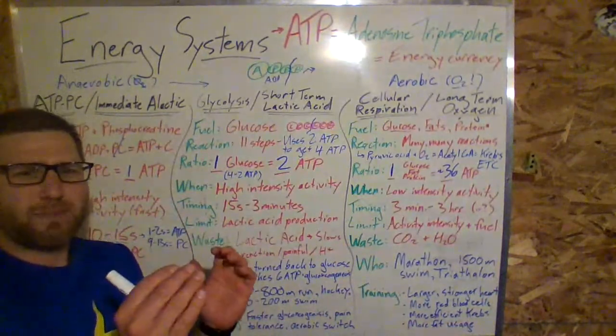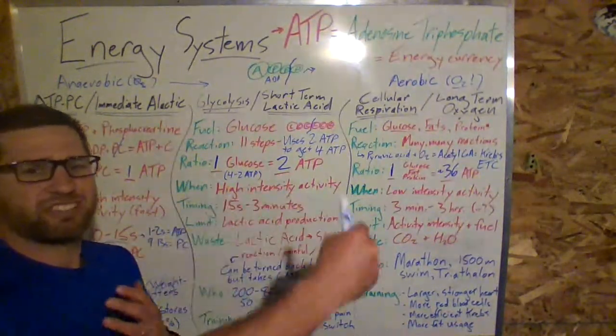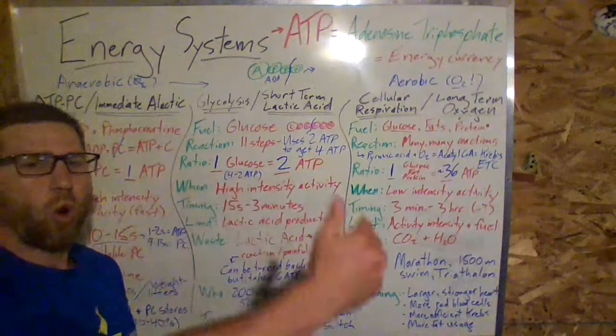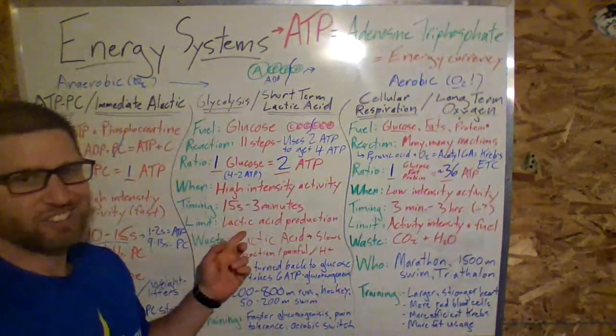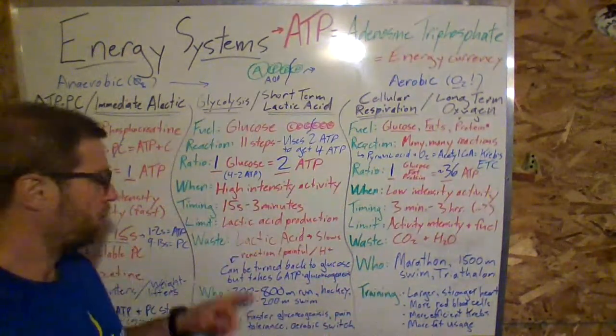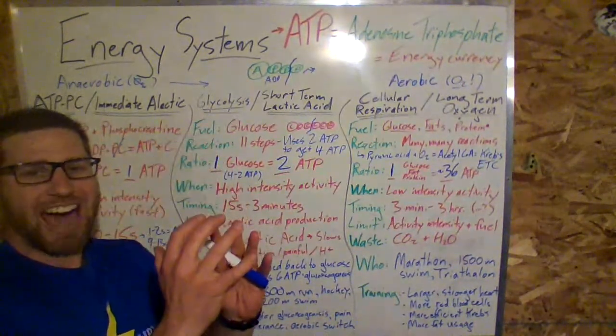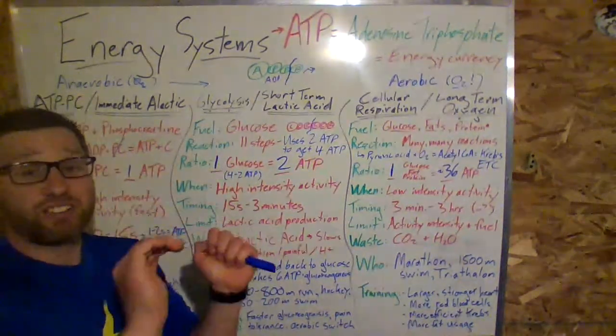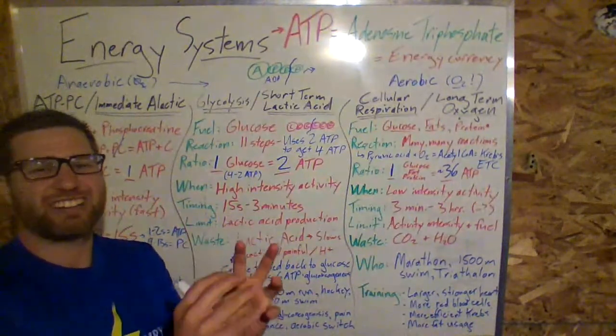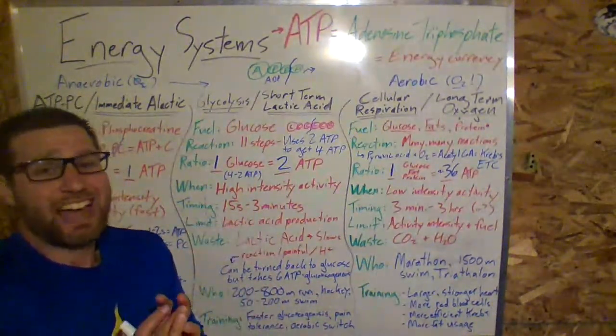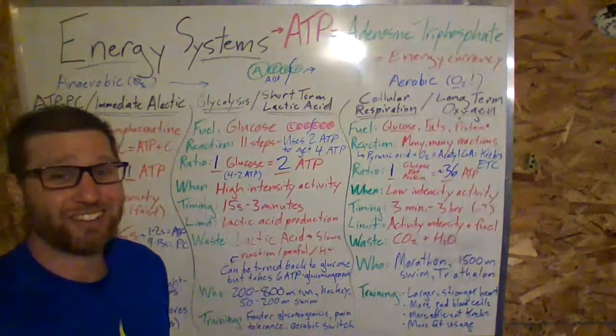Now, why 3 minutes? Why can't I use this system, this 2-for-1 ratio, longer than 3 minutes? Well, the answer is this: lactic acid. Okay, the waste product for this system, once I get it down to pyruvic acid, if there's no oxygen present, then that pyruvic acid gets turned into lactic acid. Lactic acid is not your friend when you're exercising.